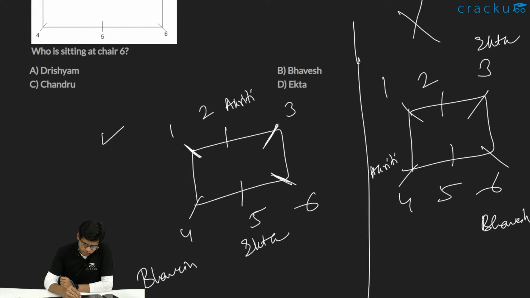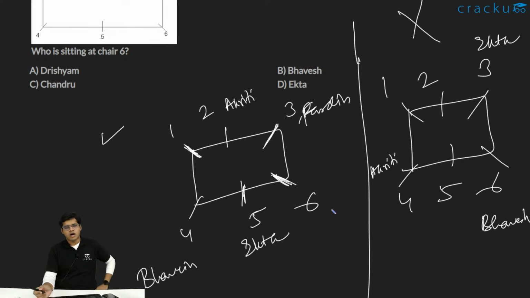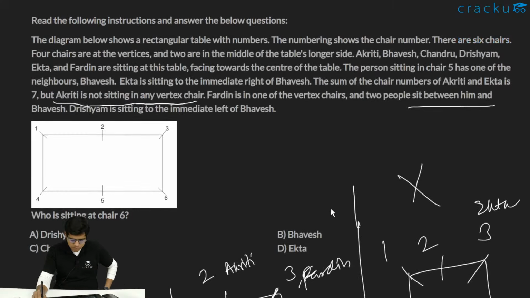If Fardin is at 1, 2 people can't sit between him and Bhavesh, so it can't be 1. If Fardin is in 6, only 1 person is sitting between him and Bhavesh, so Fardin can't be in 6. So the only place for Fardin is number 3, so that there are 2 places between Bhavesh and Fardin, right?